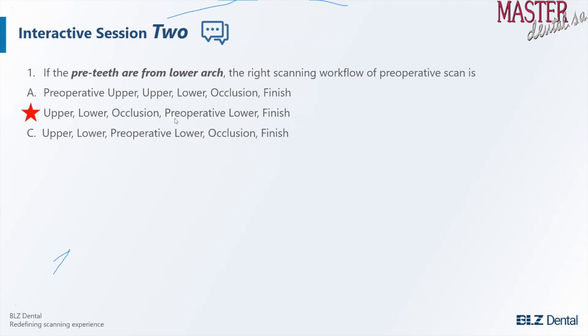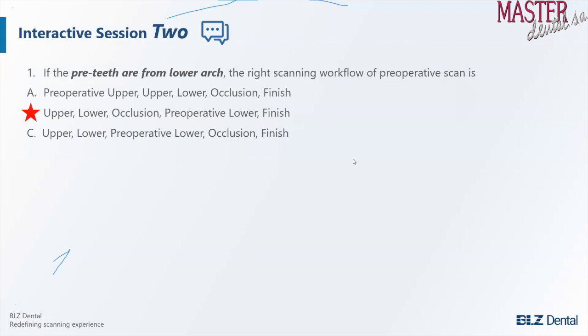The 4th step depends on which arch the pre-teeth are from. If they are from the lower arch, then preoperative lower scan. If they are from the upper arch, then preoperative upper scan.